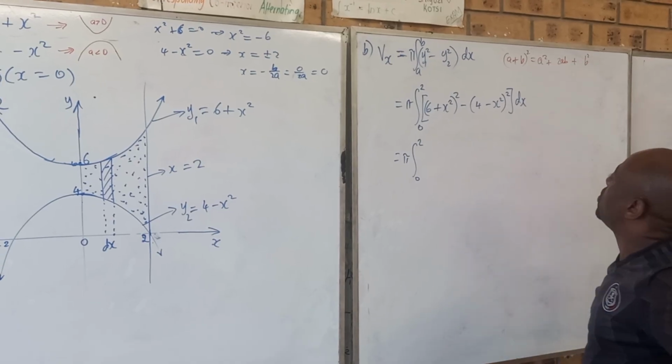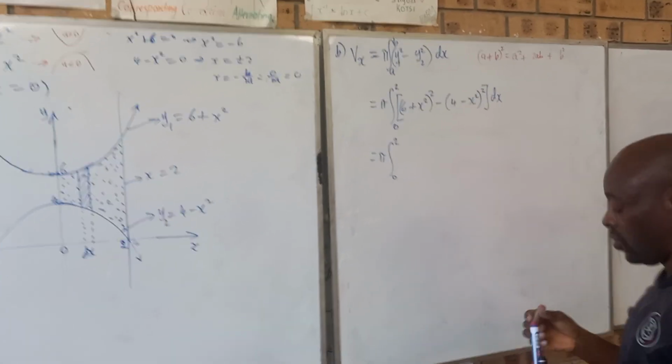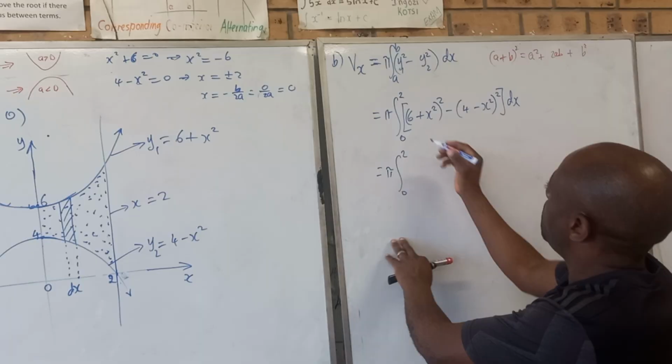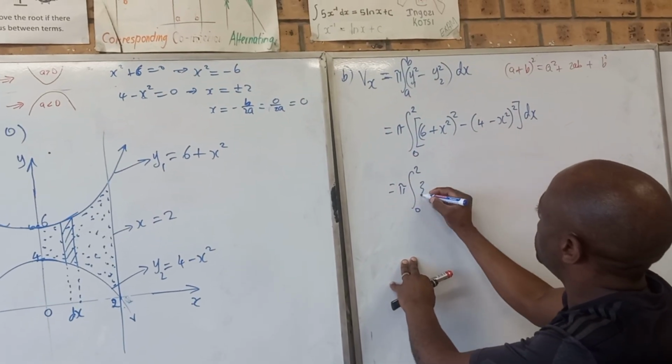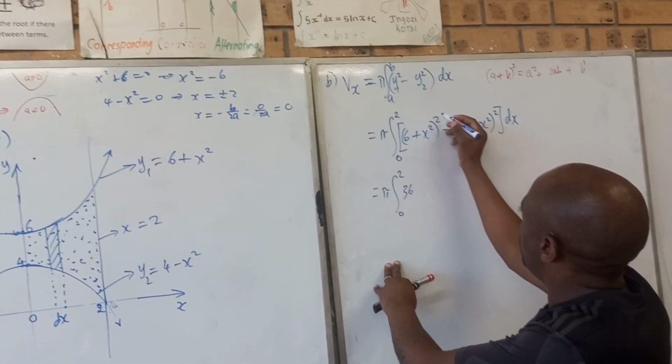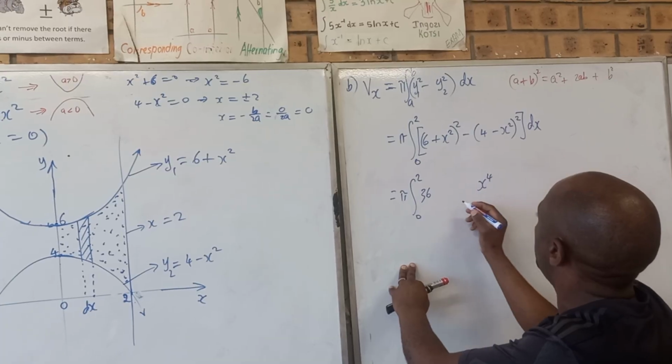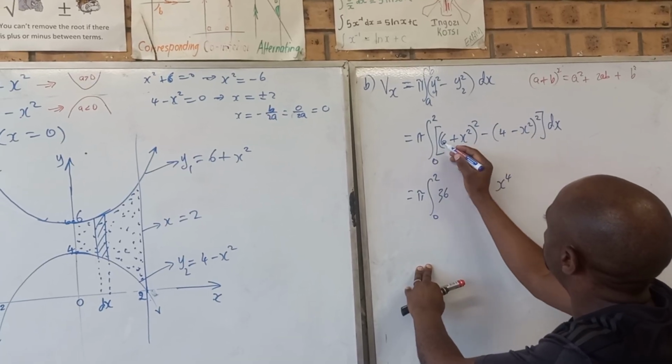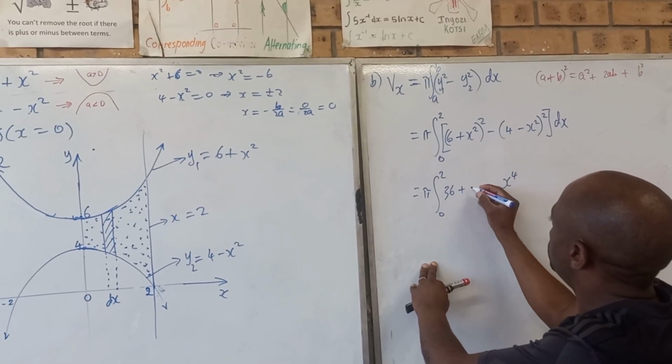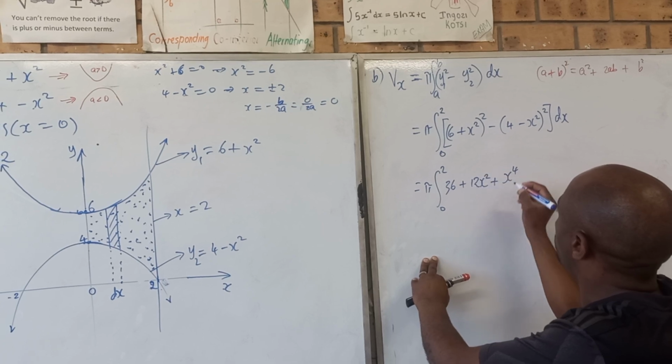That's how fast you can do the expansion when the power is 2. Applying that here, 6 squared is 36, x squared all squared is x to the power 4, and in the middle, 2 times 6 is 12 times x squared, giving 12x squared, plus.